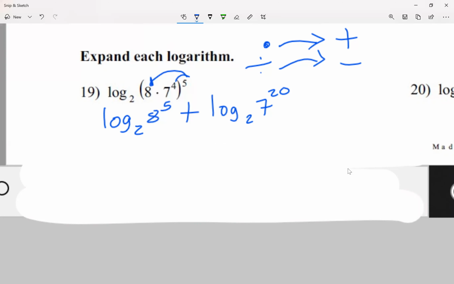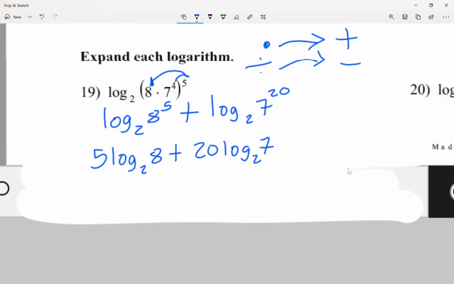So let me rewrite this as 5 log base 2 of 8 plus 20 log base 2 of 7. Now, if you can simplify one of your logs, by all means do so. I can simplify one of them here.